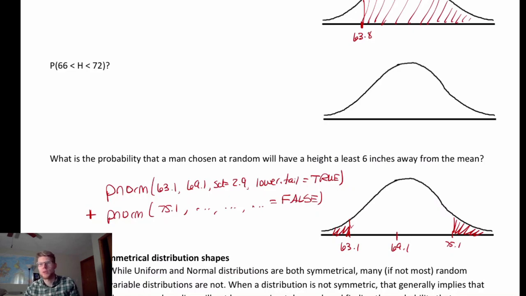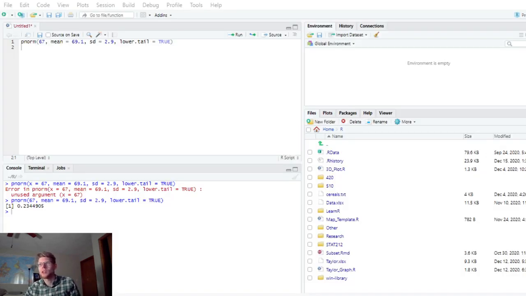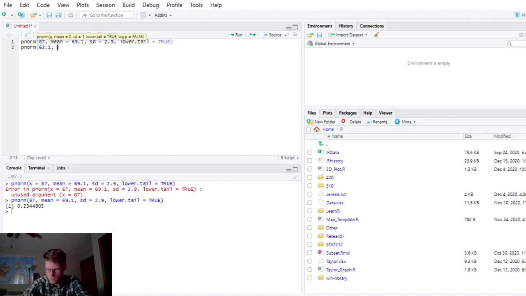I will go ahead and do this one in R just for another demonstration. So pnorm of 63.1, lower.tail equals TRUE. I'm going to add that to the second one, and I'll do another line just so it's easier to see everything.